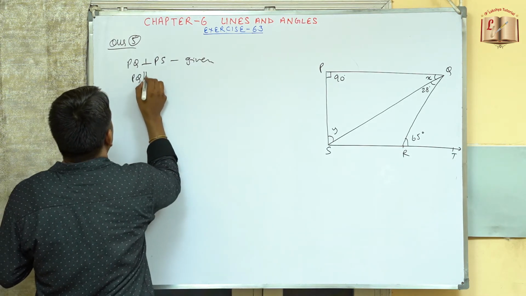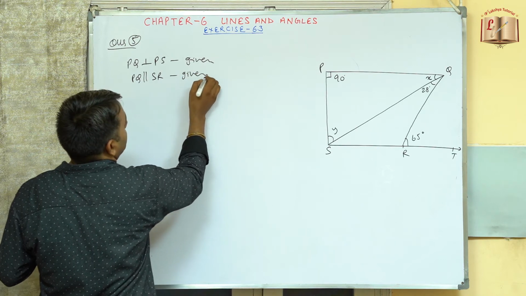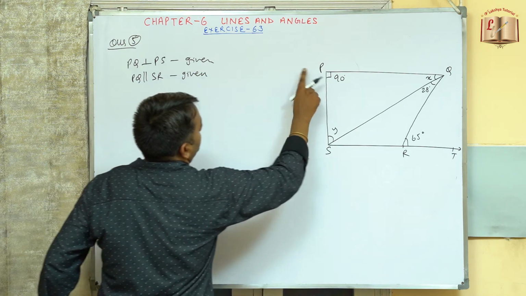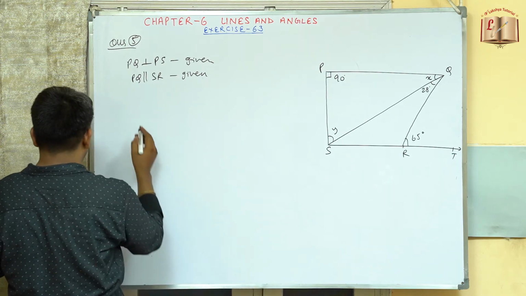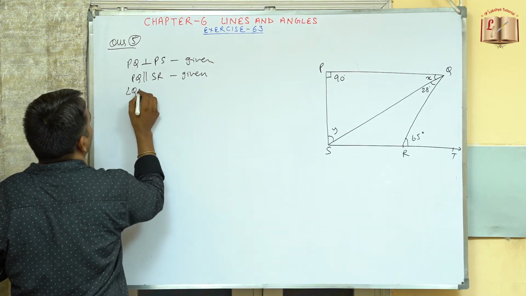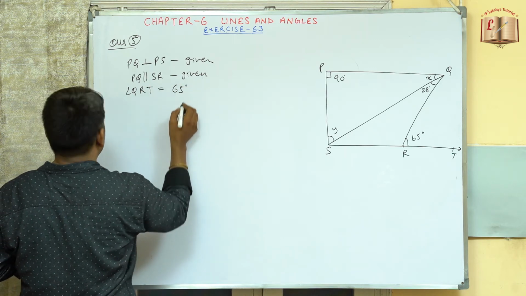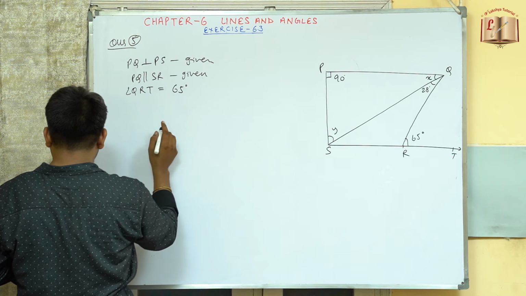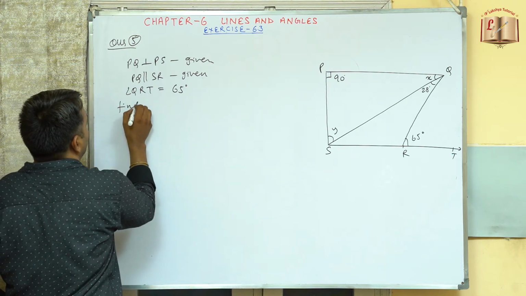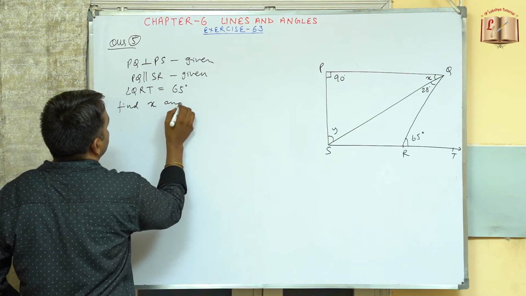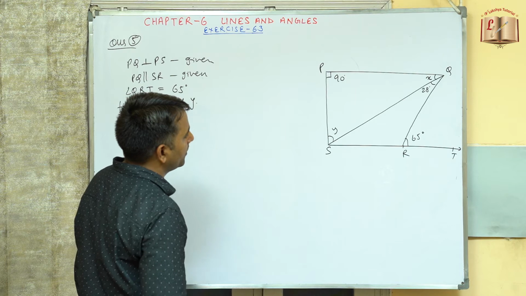PQ is parallel to SR, and angle QRT is 65 degrees. We need to find the values of X and Y.